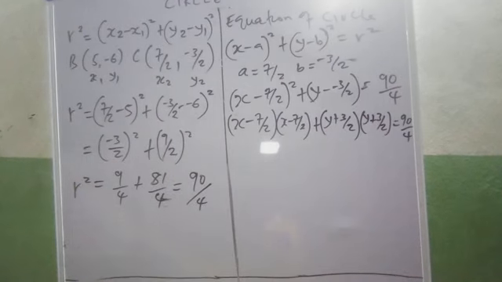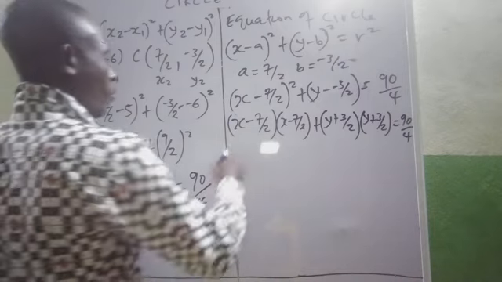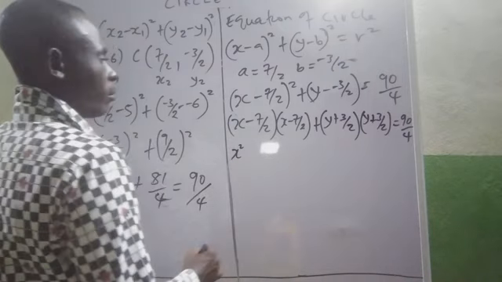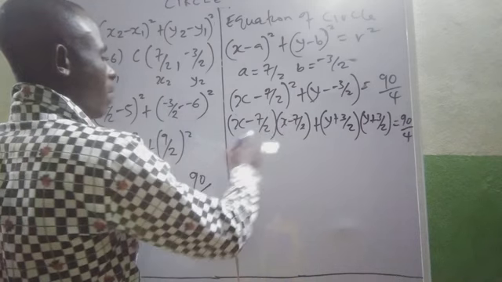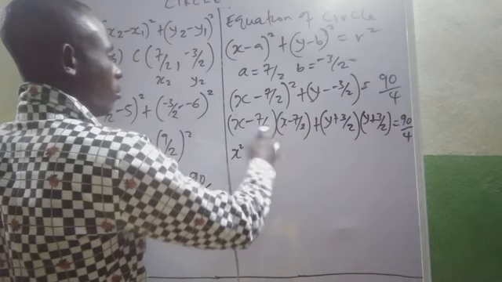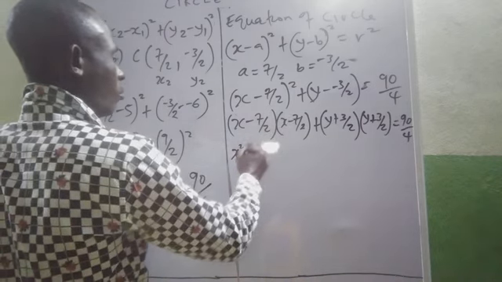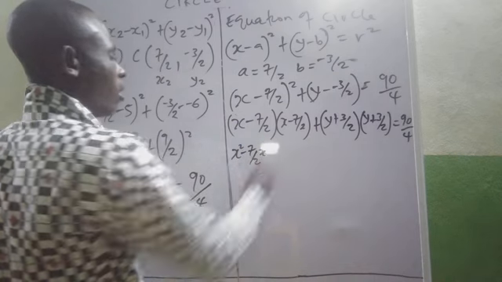So by expansion, if we expand this, we have x squared. So you have minus 7 over 2x.